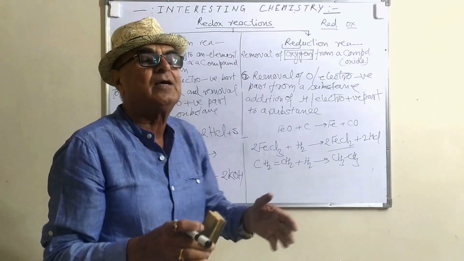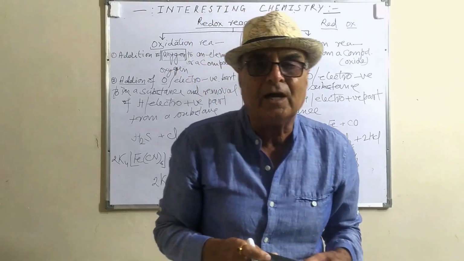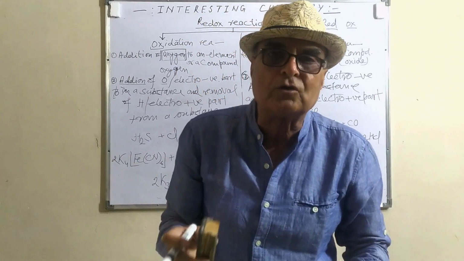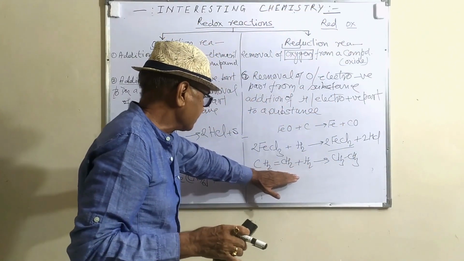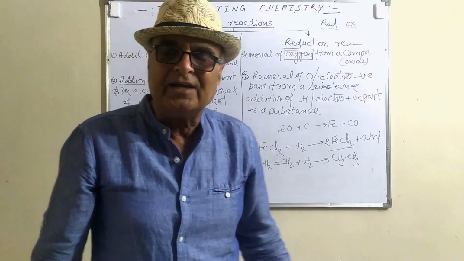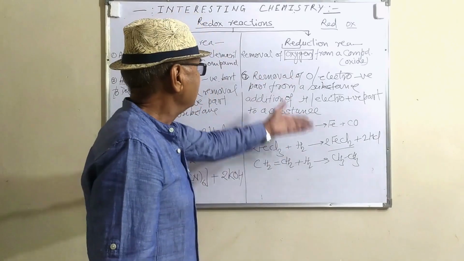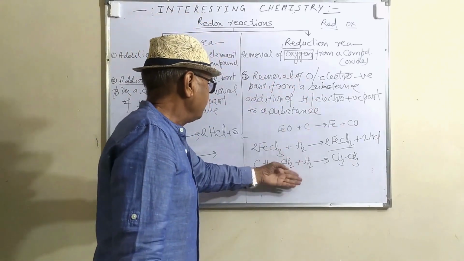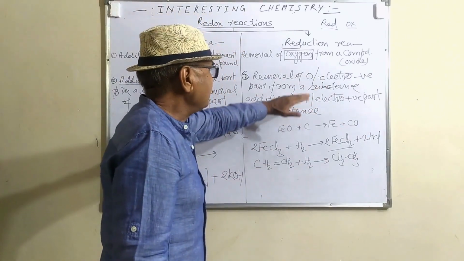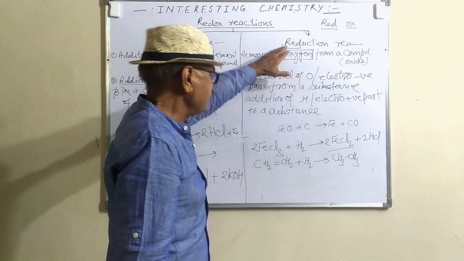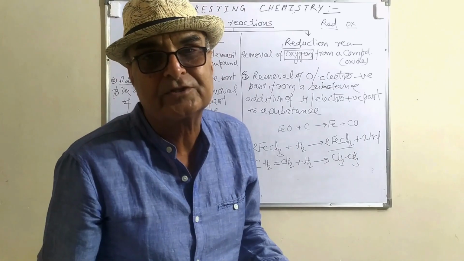Now, if a question is asked to you to justify that this is a reduction reaction, how will you justify it? There is no oxygen, there is no removal, there is only addition of hydrogen. So according to the definition it's a reduction reaction, but how will you justify it?